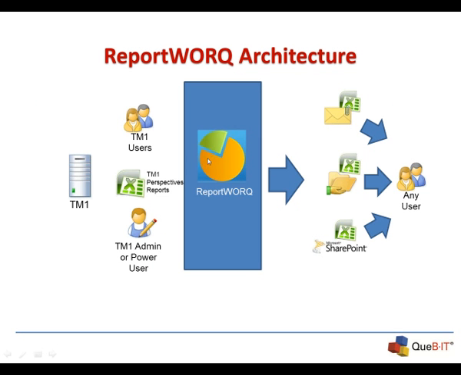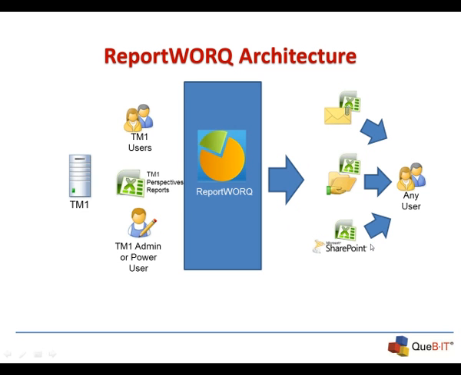So your basic architecture, your basic structure is like this. It's very high level. You've got your TM1 server, you've got your TM1 users. They've all got the TM1 client on their computer, or maybe they're using the web client to access the data in TM1. They have built out and developed your planning, your reporting system as appropriate as needed for your organization.